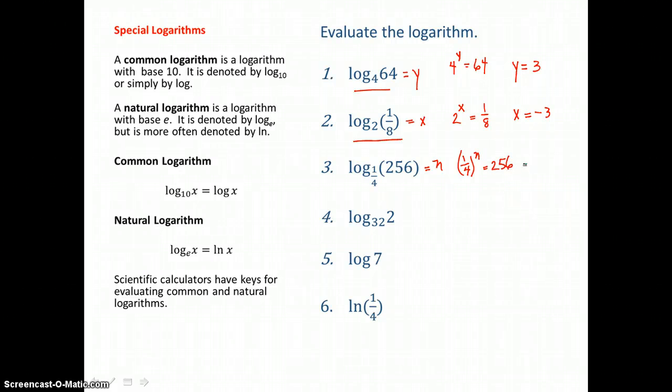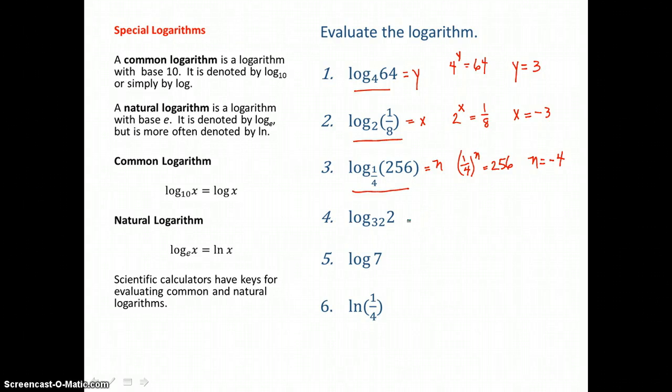Well, what power do we have to raise 1/4 to in order to get 256? Again, if we're going to get that 4 out of the denominator, we're going to have to make the exponent negative. And then how many factors of 4 are in 256? That would be 4 factors of 4. So if we raise 1/4 to the -4 power, we're going to get 256. So this log has a value of -4.